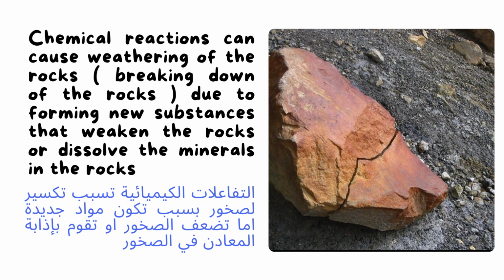So whether it weakens the rocks or dissolves their minerals, it causes the breaking down of these rocks. This is called chemical weathering because it is caused by a chemical reaction, by forming a new substance that weakens the rocks or dissolves the minerals in the rocks, okay? Is this point clear?